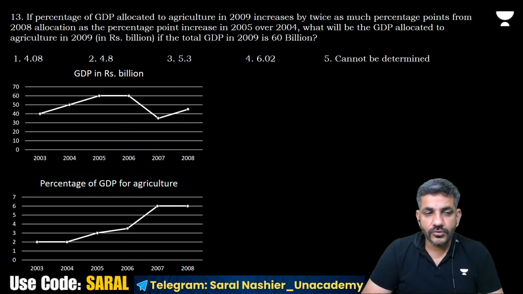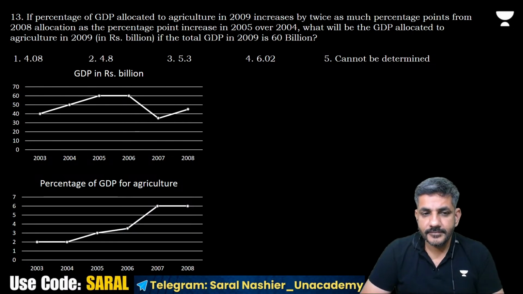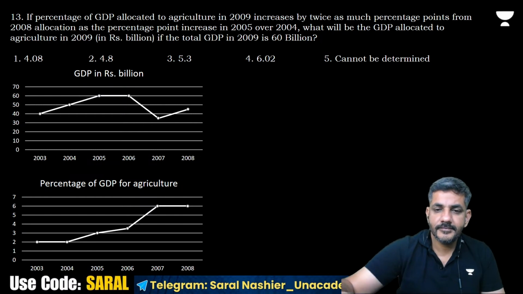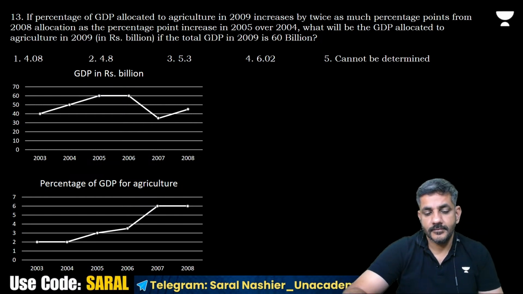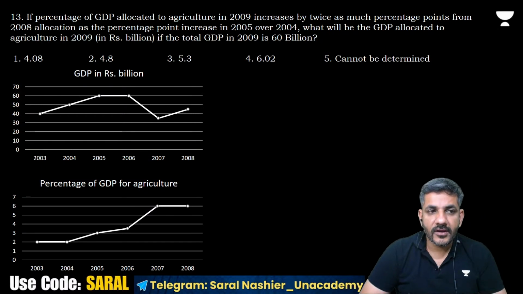That is option 2, he says. Can we have more answers here? Shivam says second option, which is 4.8.